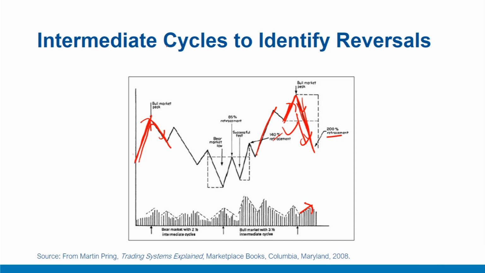Similarly, for a reversal from a bear to a bull market like this one, the first intermediate up phase of a bull market is usually accompanied by a substantial expansion in volume, like this. In other words, the first up leg in a bull market attracts noticeably more volume than any of the intermediary rallies in the previous bear market.